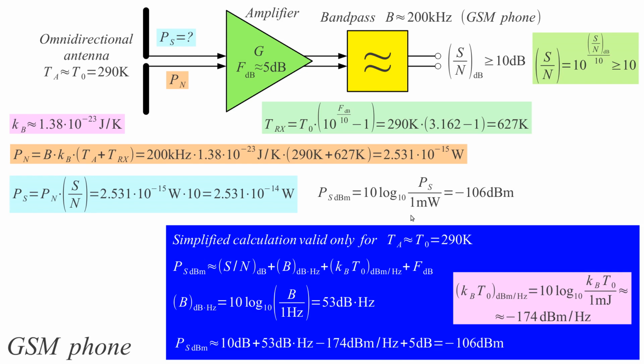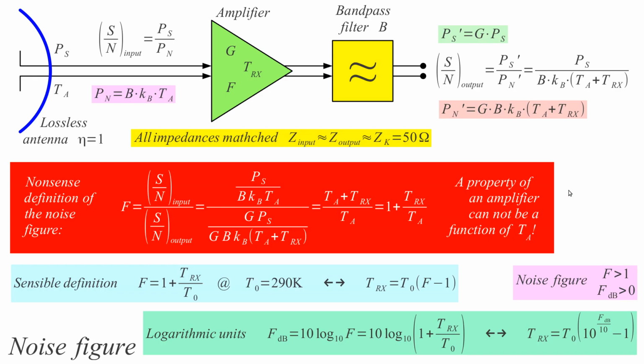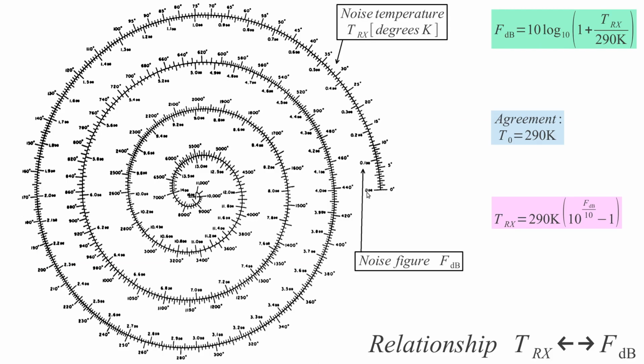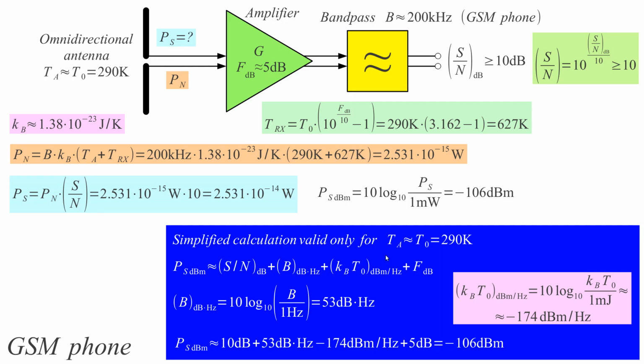Now we can also do the simplified calculation using the noise figure. We can do it because the temperature of our antenna is close to room temperature. We are using mobile phones in closed environments, so this is quite a good assumption.